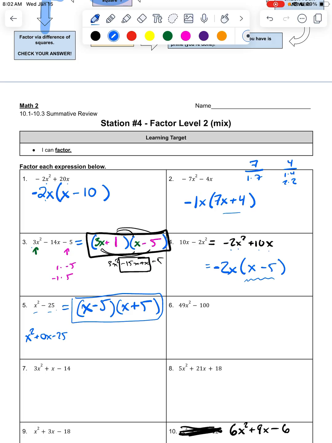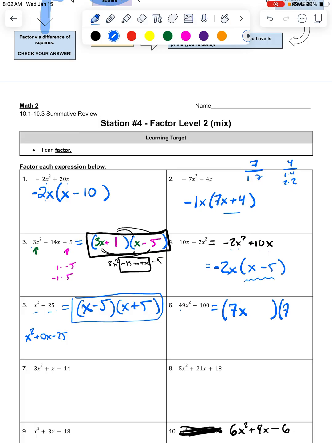Number 6 follows almost the exact same process because 100 is obviously a perfect square. 49 is a perfect square, and x squared is a perfect square. Everything there is a perfect square. So we can use our difference of squares property the same way. The square root of 49 is 7.